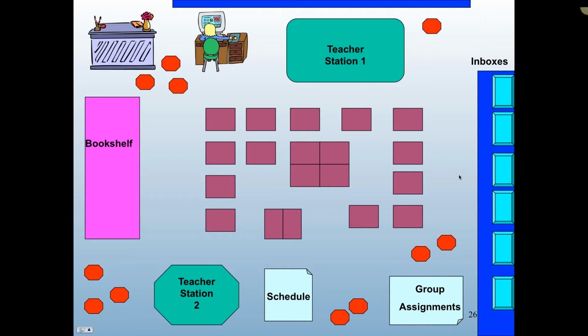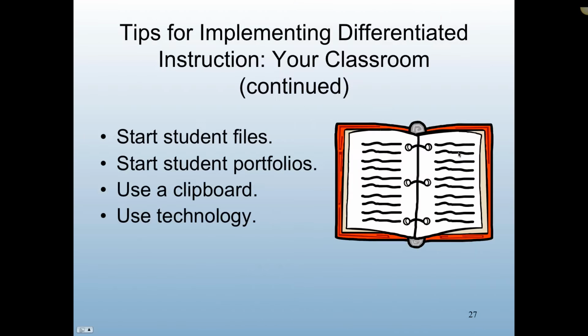There was a teacher station. Actually, this room had 2 teacher stations, a computer station, the books, different groupings of kids, some kids working together as 4, some as 2, some singular, in different areas of the room. There was always a schedule so the kids would know what they were doing that day. And I think that's important.